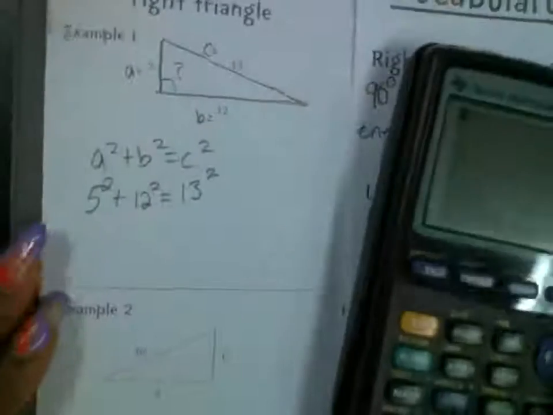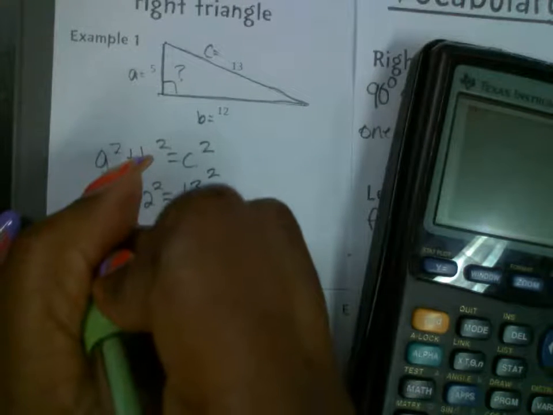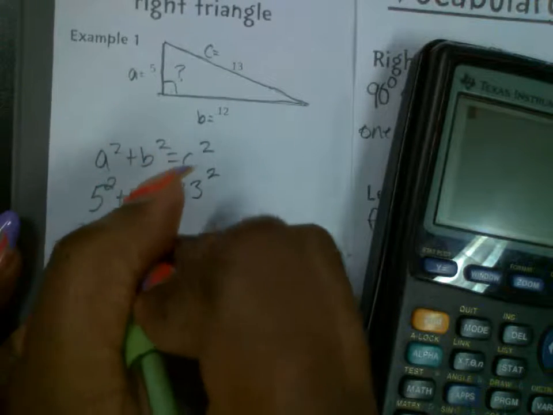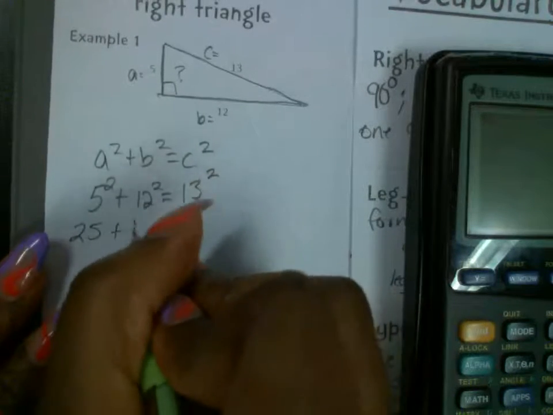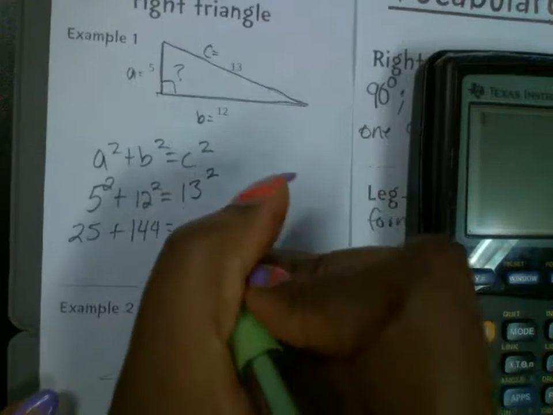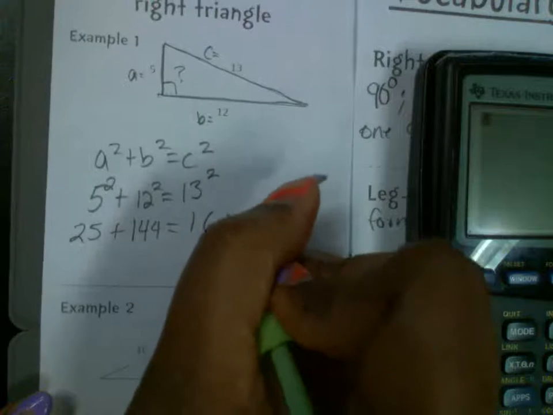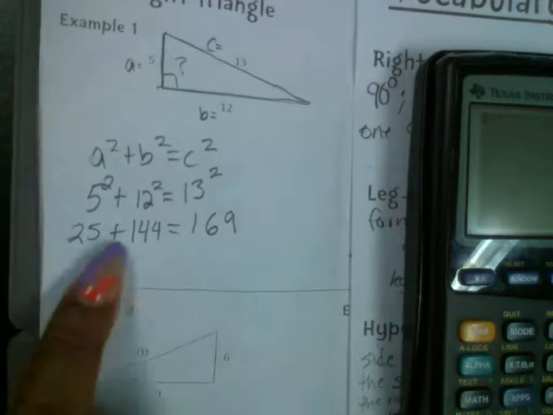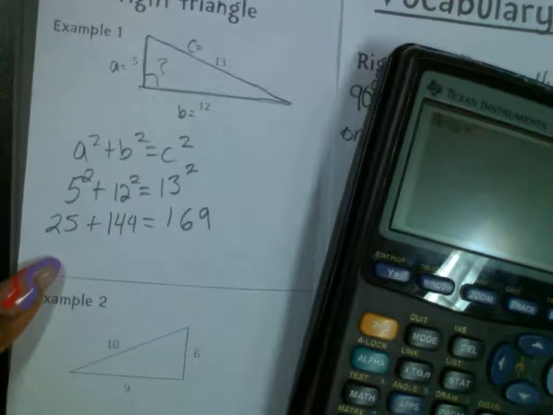We got 5 squared. What's 5 squared equal to? We just did it not too long ago. 25. 5 times 5 is 25. What's 12 squared? 144. Good. And then does anybody remember what 13 squared is? It is 169. Okay. So now let's add these together and see what we get. Let's do 25 plus 144.